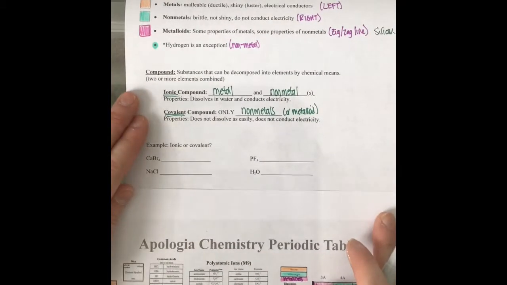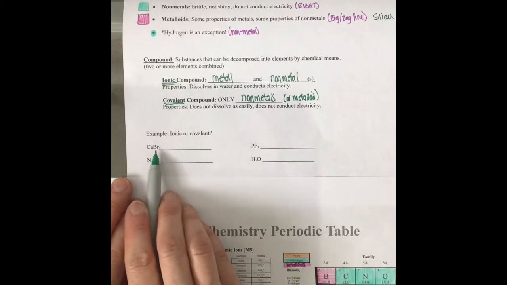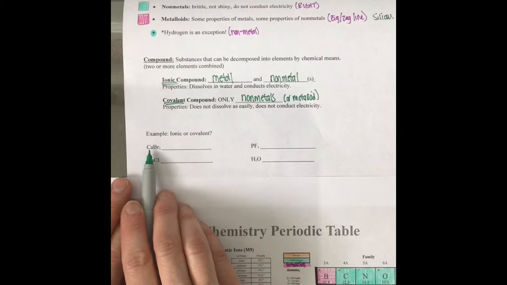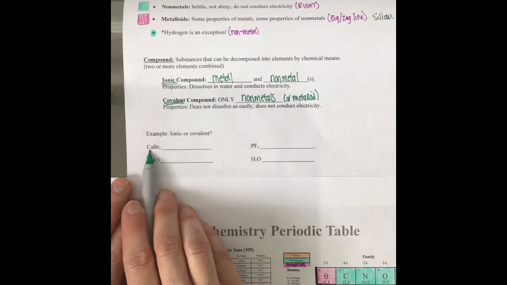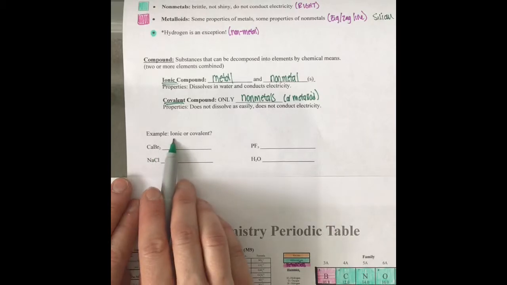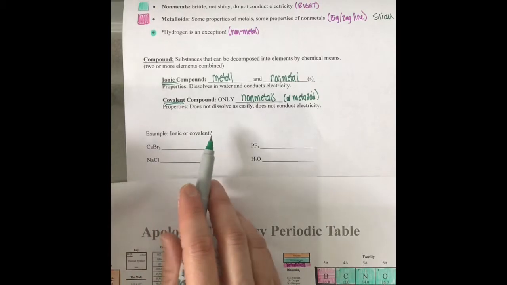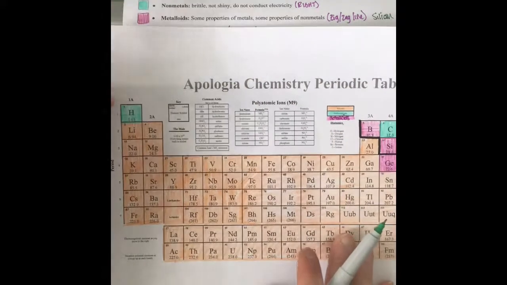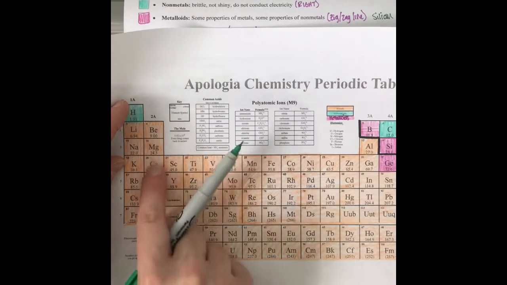Okay, so one thing you should be able to do in this unit is to decide, is this ionic or covalent? If I take calcium and bond it to bromine and make calcium bromide, would I call that ionic or covalent? And it's really easy to tell just by looking at where these elements are in the periodic table. Calcium is in the metal group.